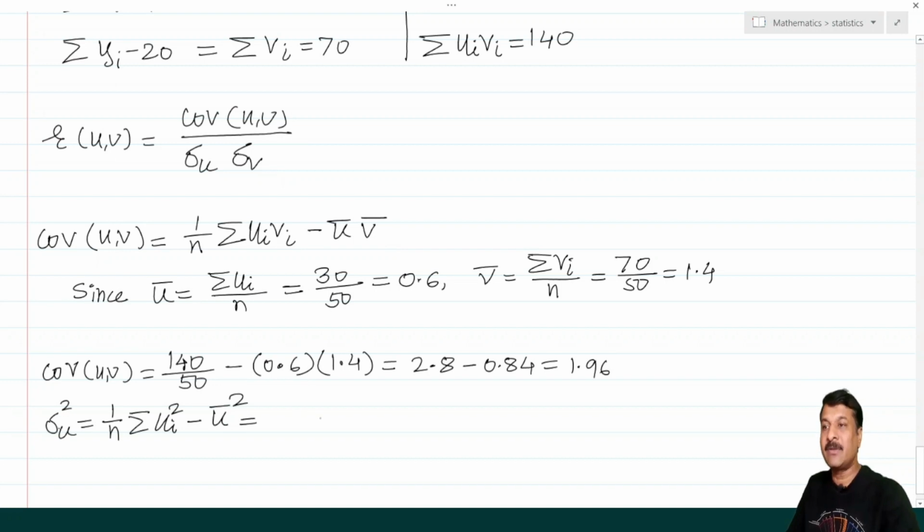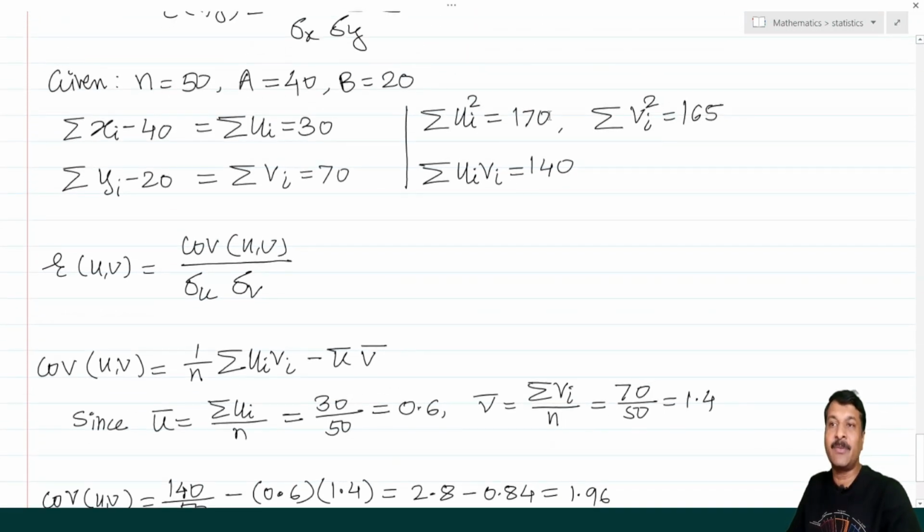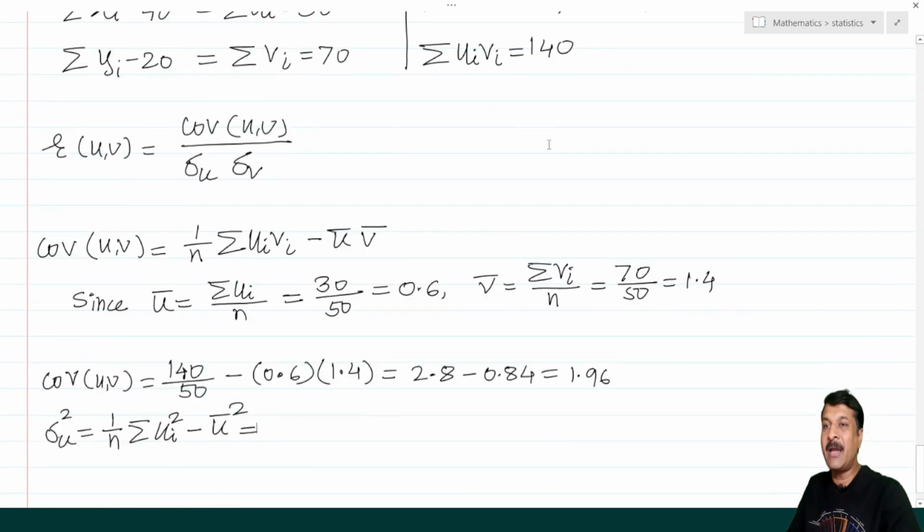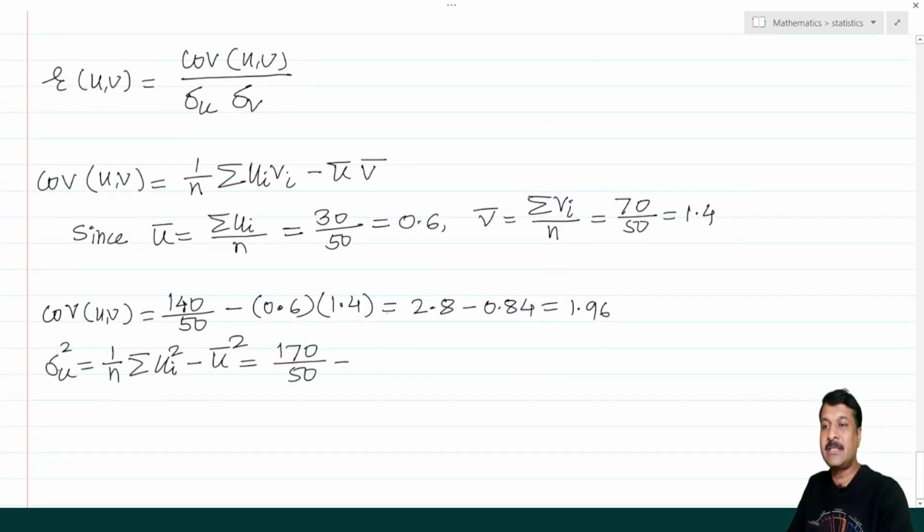So by the given values, what is the summation of ui square? 170 by 50 minus u bar, it is 0.6 whole square. By calculator directly you find the value. So it is 3.04. Now sigma v square is equal to 1 by n summation of vi square minus v bar square.